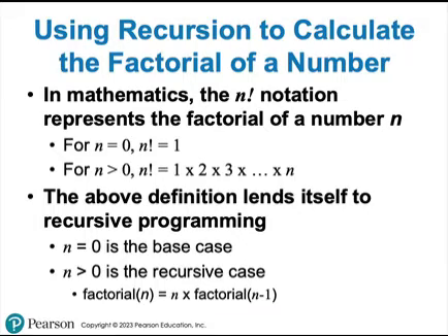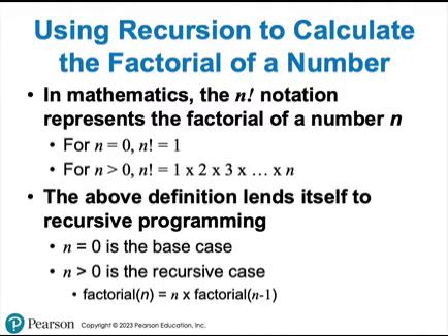Now in this case, n equals 0 is our base case, because we're just simply going to say if n is 0, the answer is 1. And then our recursive cases are going to be anything that is greater than 0. And if you look at what I told you, 5 factorial is 5 times 4 factorial.